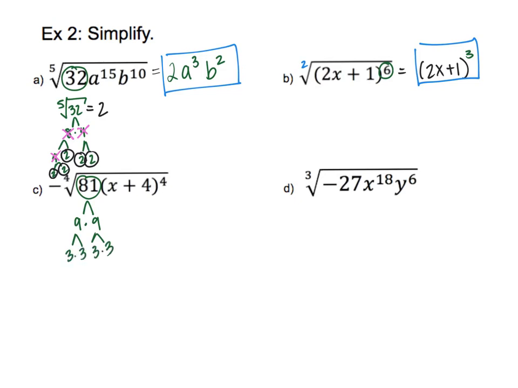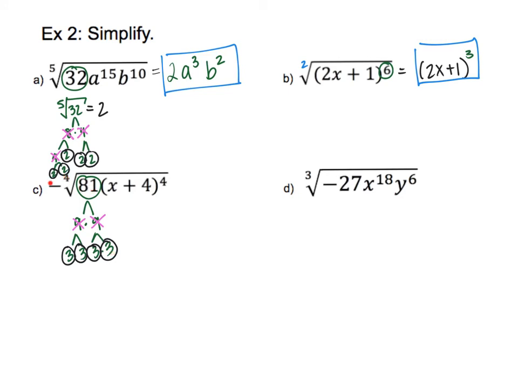A pair of 3's. Now, like I said, we're going to ignore the numbers that are not prime. So the numbers that are prime are the 3's below, and there are 1, 2, 3, 4 3's, which is perfect because I'm taking a 4th root. So the 4th root of 81 is actually a 3.